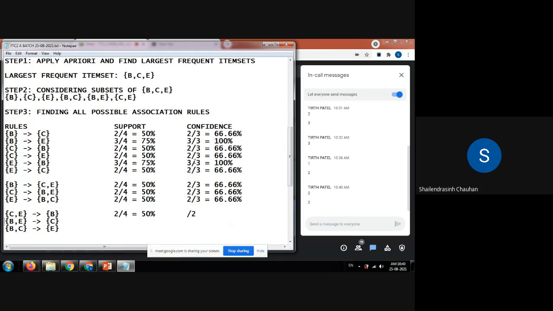So 2 out of 2, 100% confidence. It means what? Whenever customer is purchasing C and E together, always they have purchased B along with C. That is the meaning of the confidence, 100%. Now here it will be same 2 by 4, 50%.